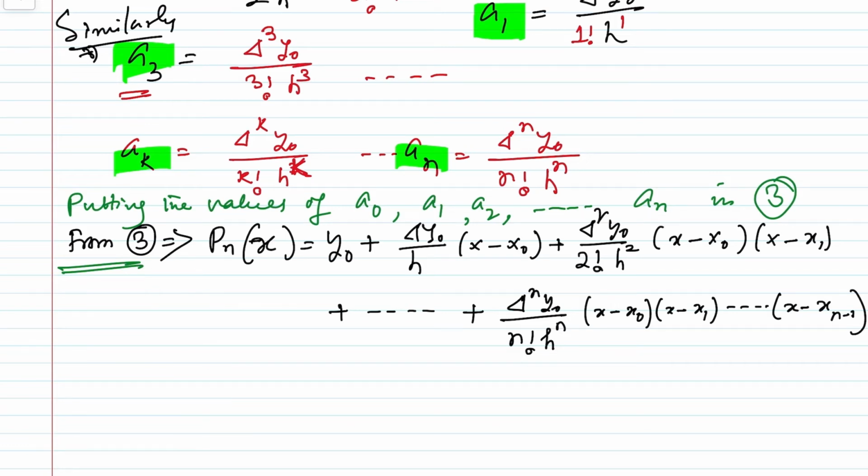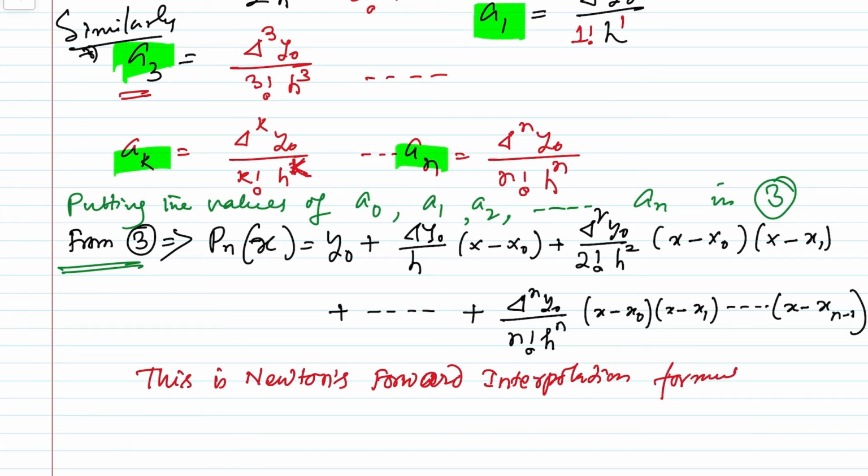So we have got this equation, and this is known as Newton's forward interpolation formula.